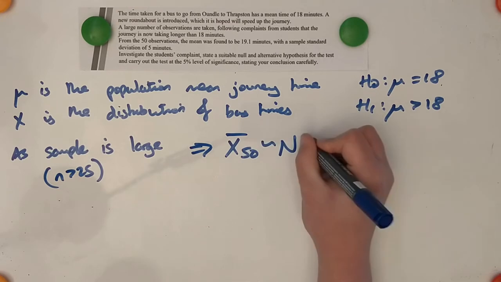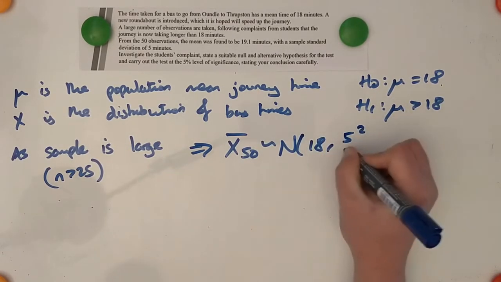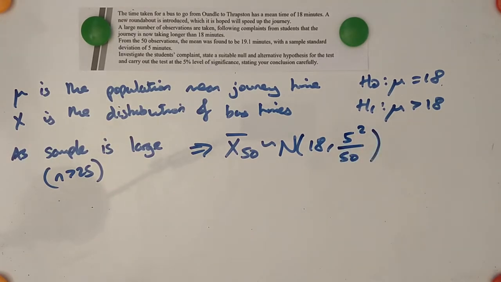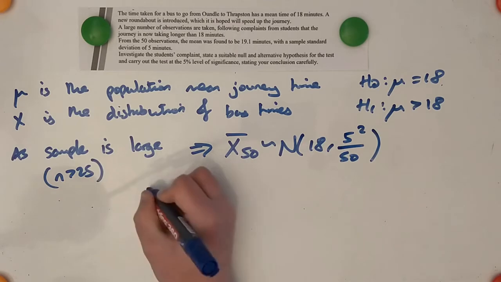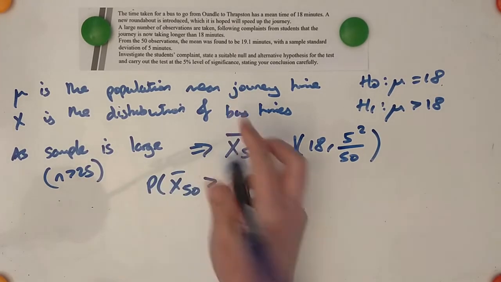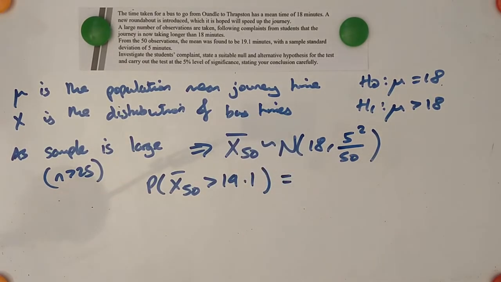So x bar 50 is normally distributed with 18, and sample standard deviation is 5 squared, so I need to divide that by 50 as well. Now I'm just working out the probability x bar 50 is bigger than 19.1, because that is our test statistic.